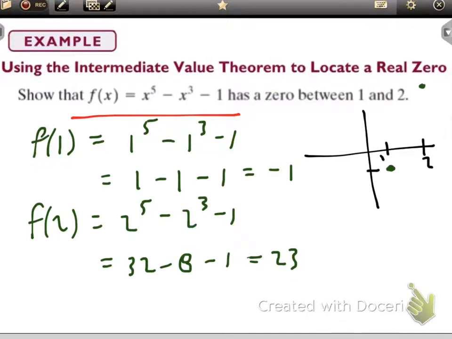If we were to connect the graph with a curved line, we're not really sure what it looks like at that point. But all we know is that there's going to be an x-intercept somewhere in between 1 and 2, somewhere on this interval right in here. And sure enough, there is an x-intercept, because the graph will have to go from down here to up here.